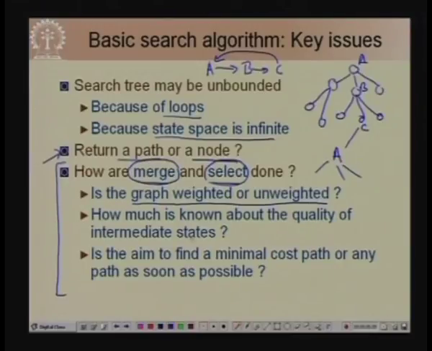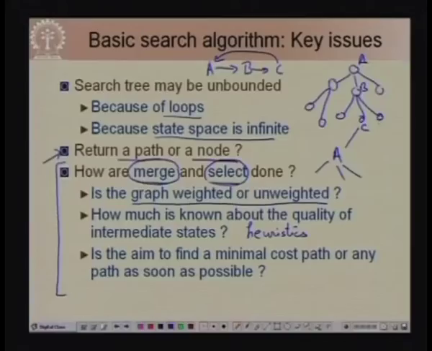Then we will need to know how much is known about the quality of the intermediate states. Do we have any information or heuristics to guide the search process? So, if we know that out of the nodes available in the fringe, so there are 1, 2, 3, 4, 5, 6, 7, 8 nodes available in the fringe, if we know that this node has very high promise and it is likely to take us to a goal solution fast, we might use that knowledge to expand this node before expanding the other nodes.